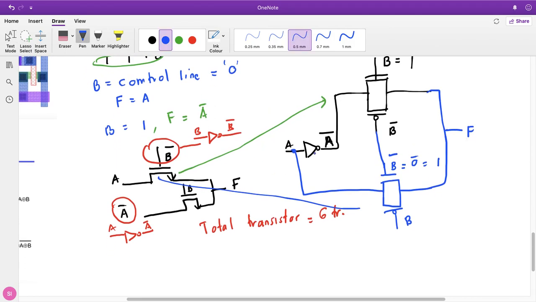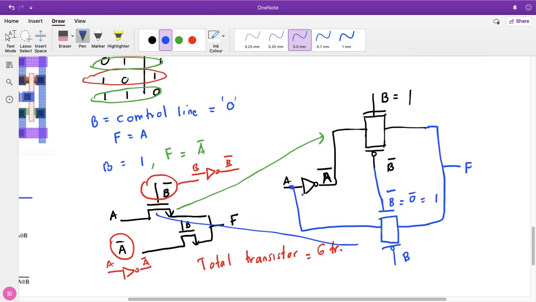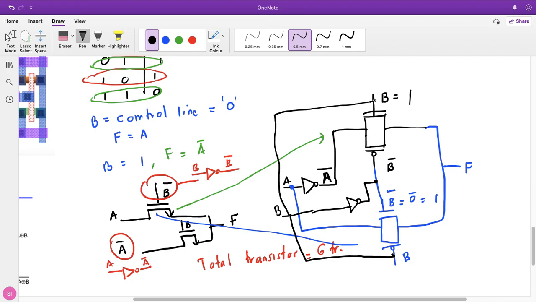So let's work out the number of transistors. If we have the B input, B that is tied to the inverter, and this network is tied to here and also tied to the upper network.